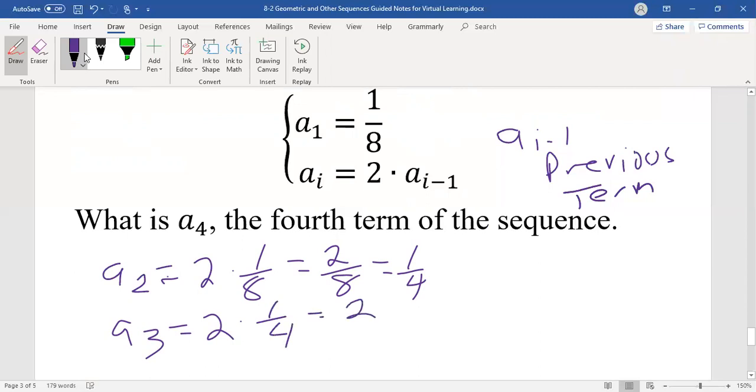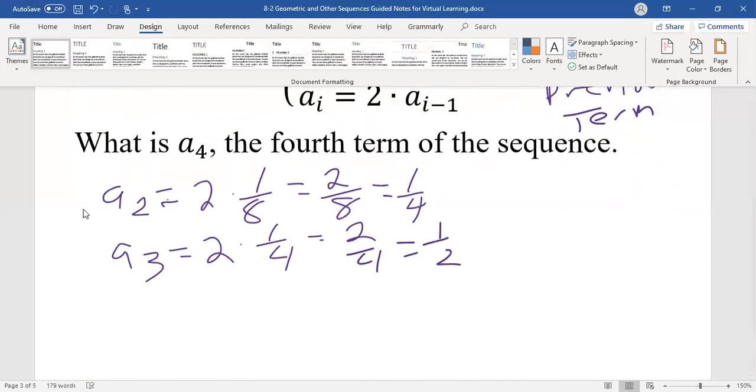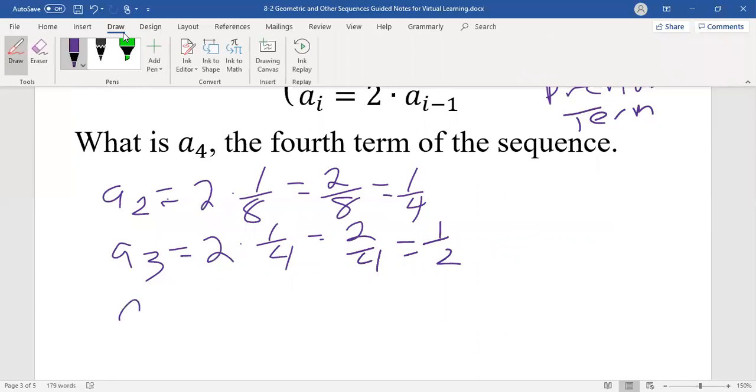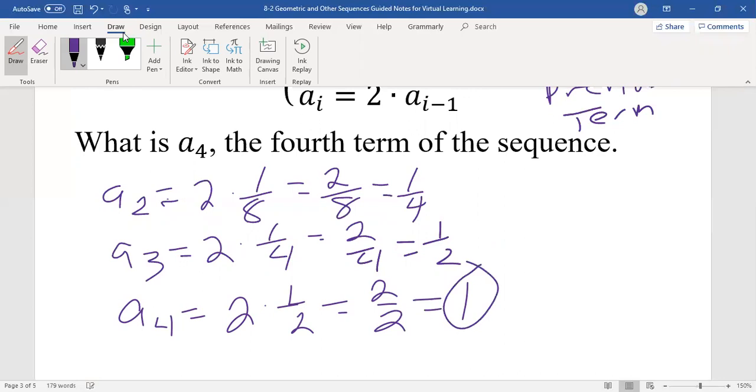So that would be 2/4, which reduces to 1/2. And then we have A4, which we're looking for, which would be 2 times 1/2, which is the same thing as 2 over 2. So my fourth term is 1, and we are done.